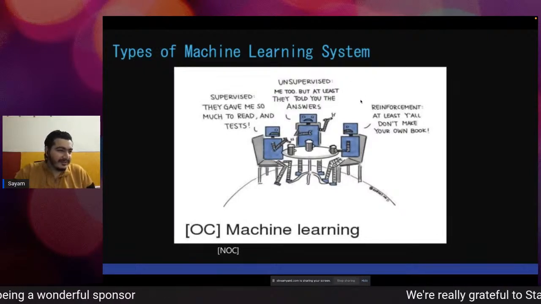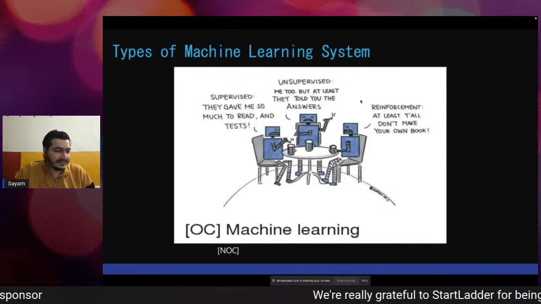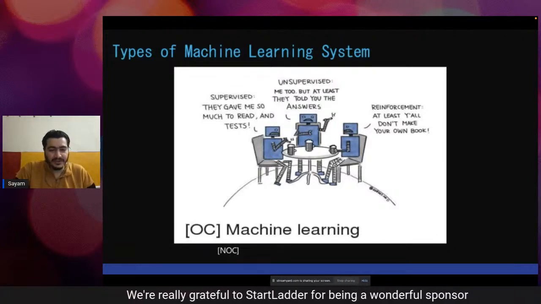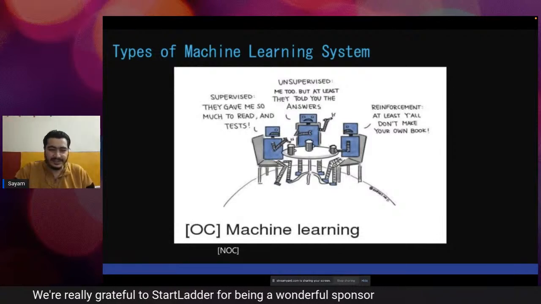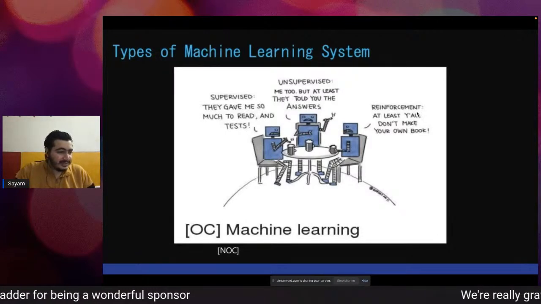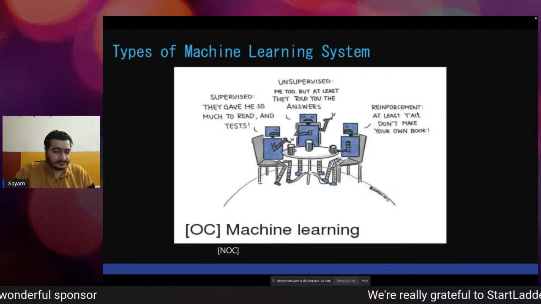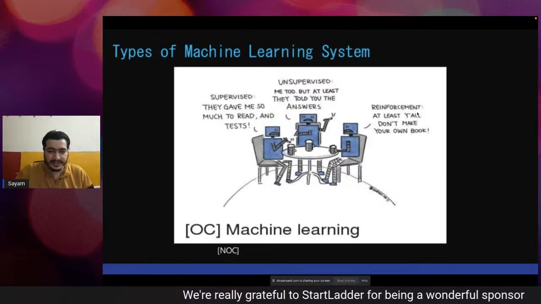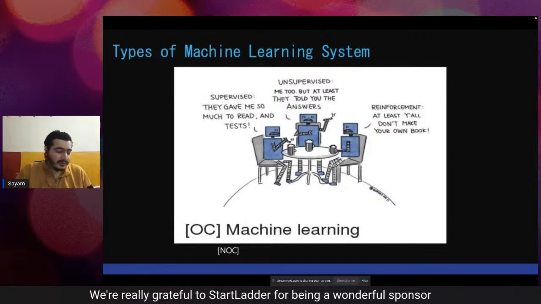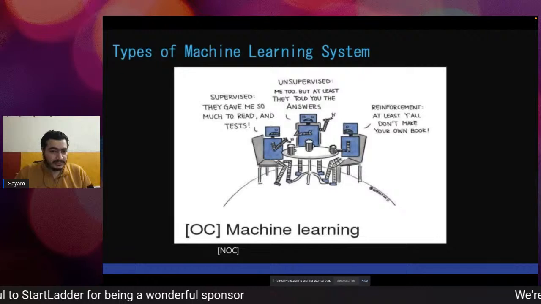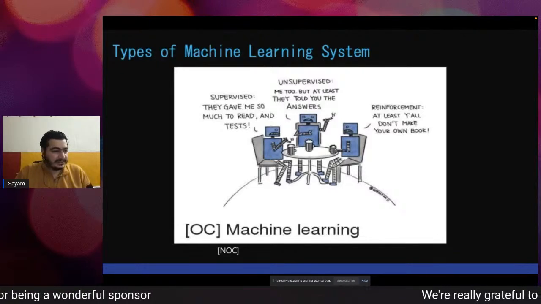The next very fascinating set of algorithms are the reinforcement learning algorithms. I like these algorithms a lot. What these algorithms involve is that they try to learn the semantics of whatever problem you are trying to solve, from experience.